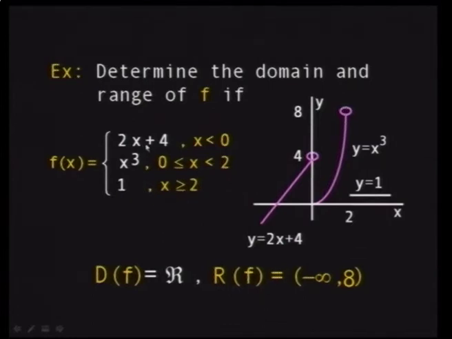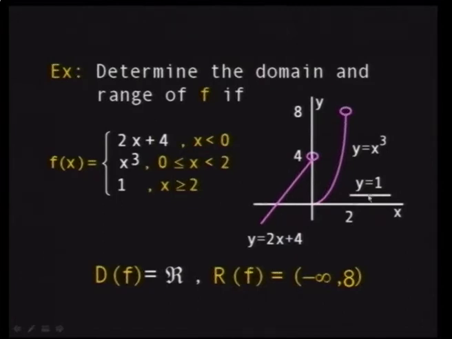So here you have 2x plus 4 for x less than 0, and it's not defined at 0. Whereas x cubed here is defined between 0 and 2. In other words, for x equal to 0, it's equal to 0 and not equal to 4. Less than 0, it goes to 4, but greater than 0, it tends to 0. And then from 2 onwards, it's equal to 1.